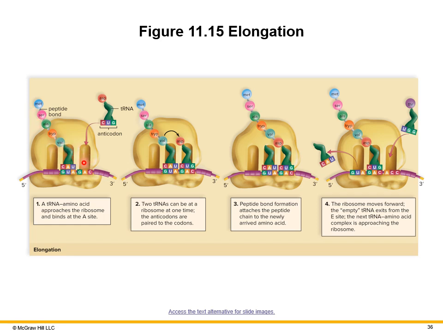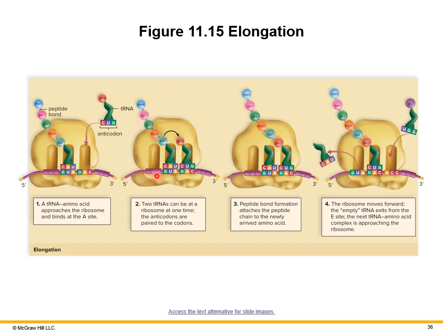So we see here the tRNA with the growing polypeptide chain is going to be in the P site, while the new tRNA is going to enter the A site of the ribosome. The anticodon is going to match with the complementary codon sequence and bring in the unique amino acid to add to the growing polypeptide chain.